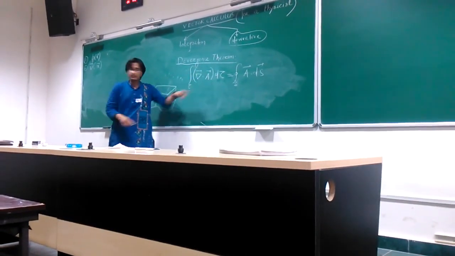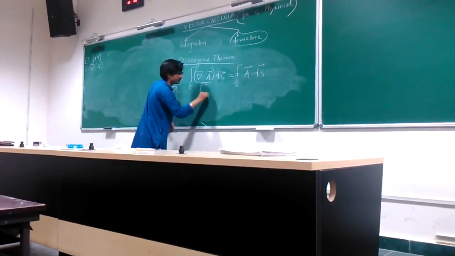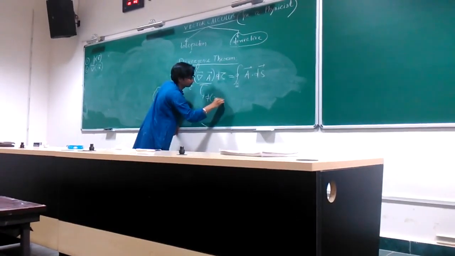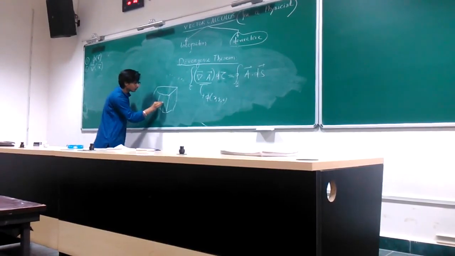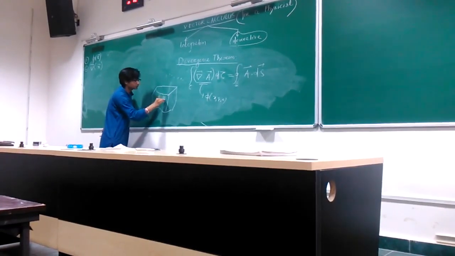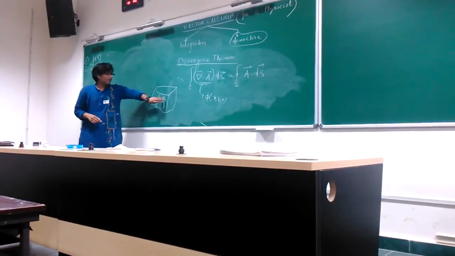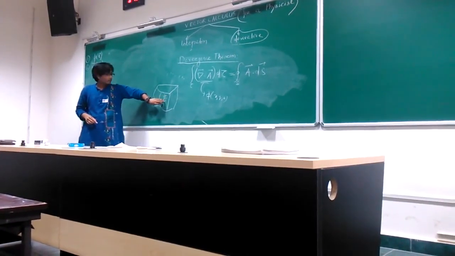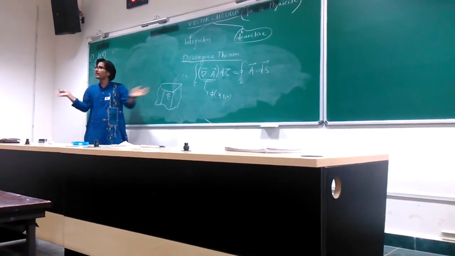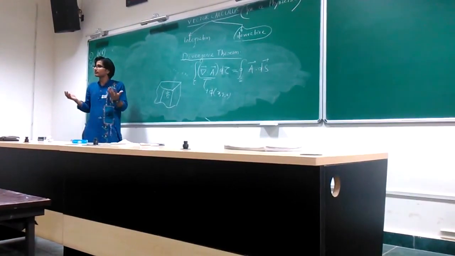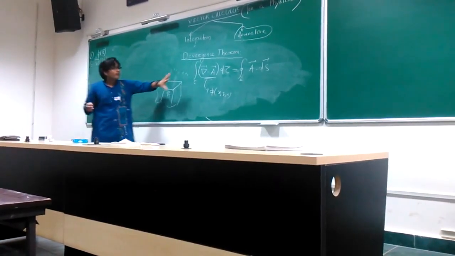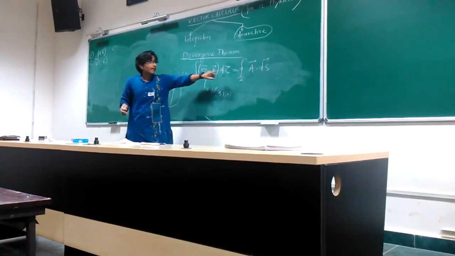It's a scalar field, right? The divergence of a vector is a scalar field, a function of x, y, z. If I go to a small volume d tau, find the divergence there, then go to another small volume d tau, find the divergence there, and add them, this is the meaning of integration, right? Add. That will be equal to A dot dS.